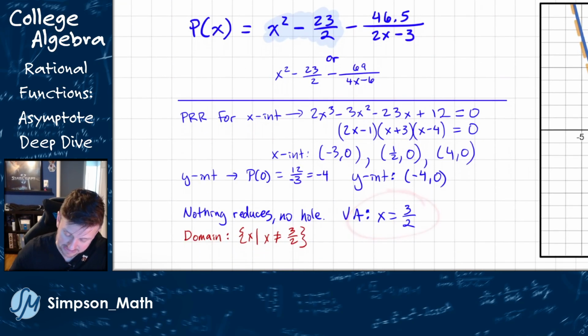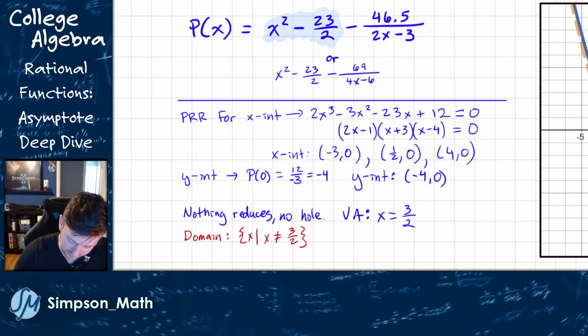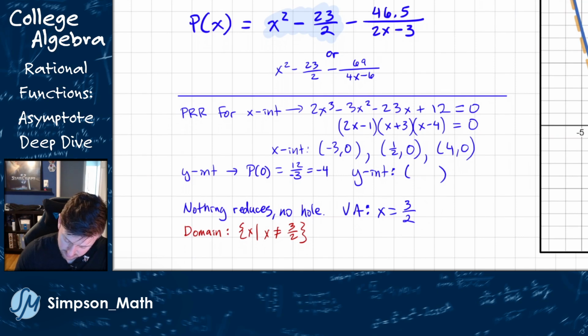That's why we have a vertical asymptote. We're able to factor this using the possible rational root theorem. And we get x-intercepts of -3, a half, and 4, 0. And a y-intercept of, oops, my y-intercept is written wrong. This should be 0, -4, not -4, 0.